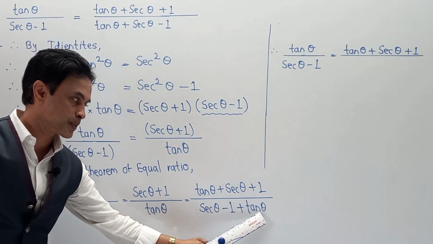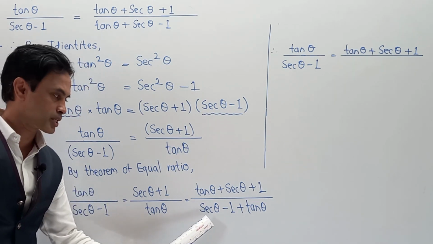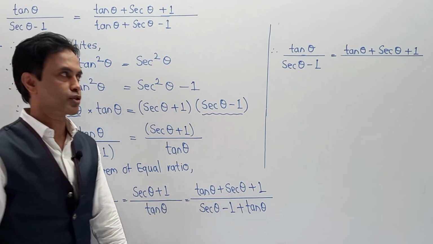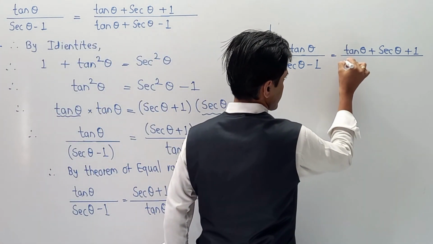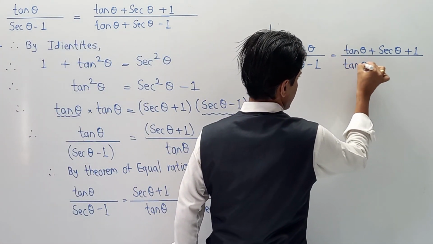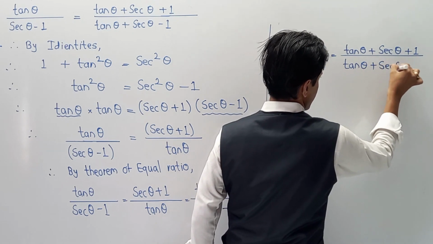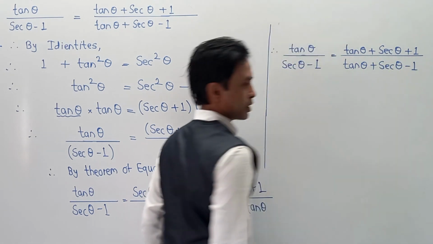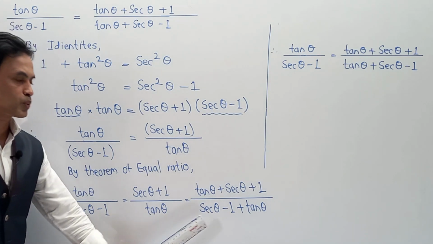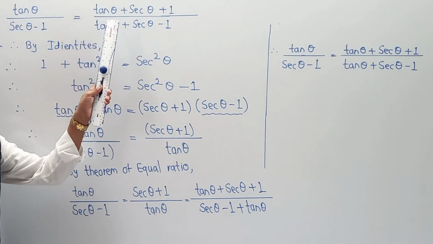Just make a rearrangement. Tan theta is at the initial stage, then sec theta and then minus 1. So it becomes tan theta plus sec theta minus 1. And in this way, with just the additional step over here, you can complete.